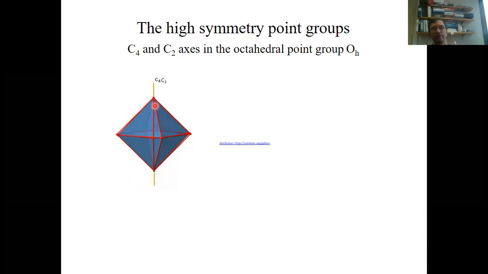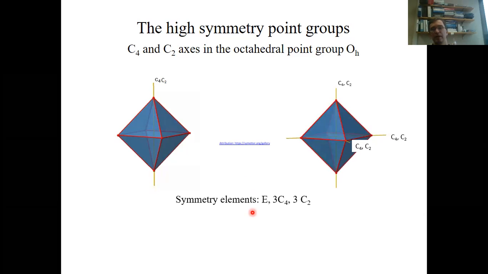So you see here actually in this animation how the C4 axis moves the atom also. Now you see here the additional C4 axis. Okay, this was the original one. Then we have a second one here, and we have a third one going through these two opposite vertices.